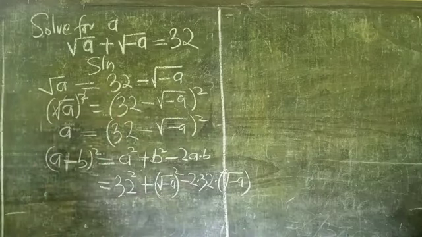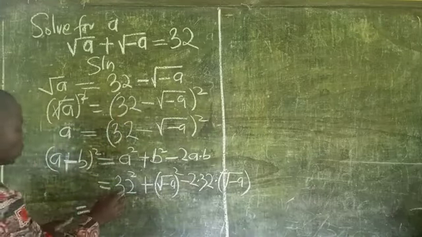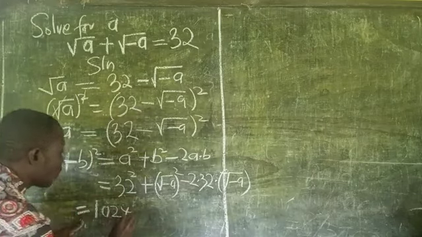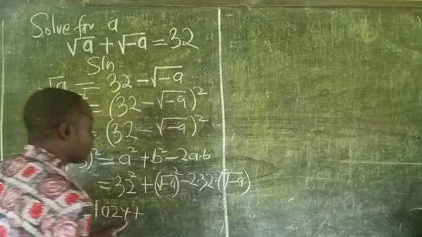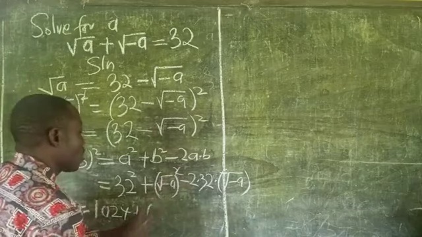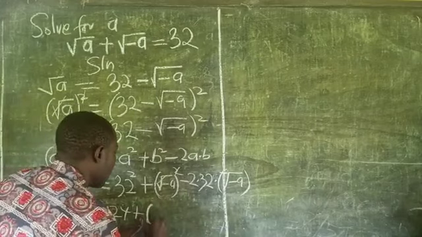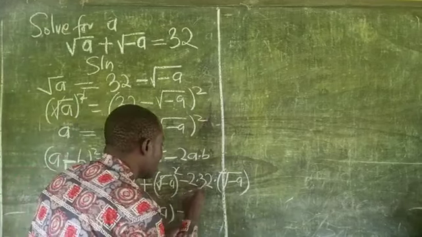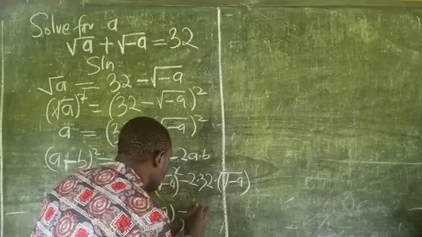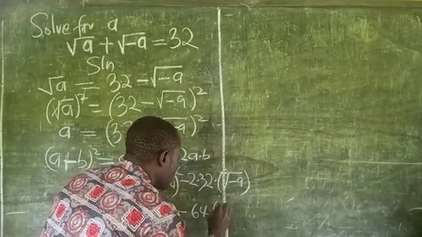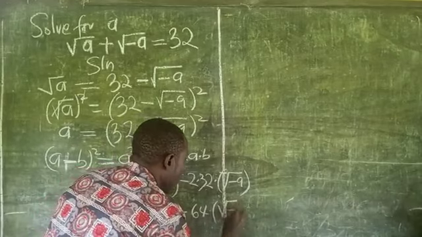So I'm going to open this up. 32 squared is 1024 plus, this square will take out the square root, minus a, minus 2 times 32 is 64 times square root of minus a.